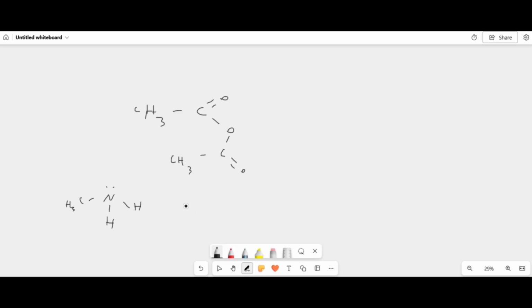Alright, safe. So the lone pair here is going to be attracted to C, the same way as nucleophilic addition elimination, and then that's going to be attracted to O. So exactly the same as last time.